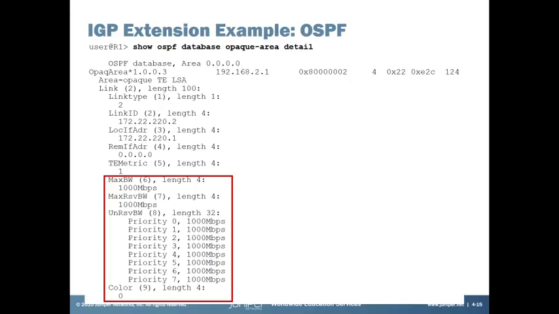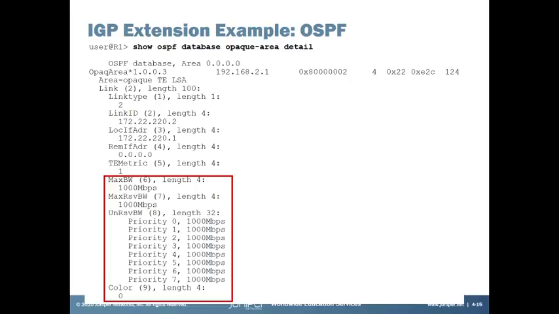We've got a length, a link type, and a link ID. We have a bandwidth here; in this case, it's a 1 gig link. Maximum reservable bandwidth, all of it is available.